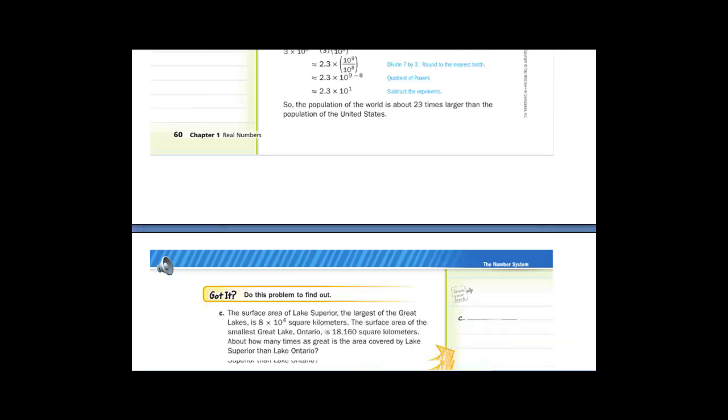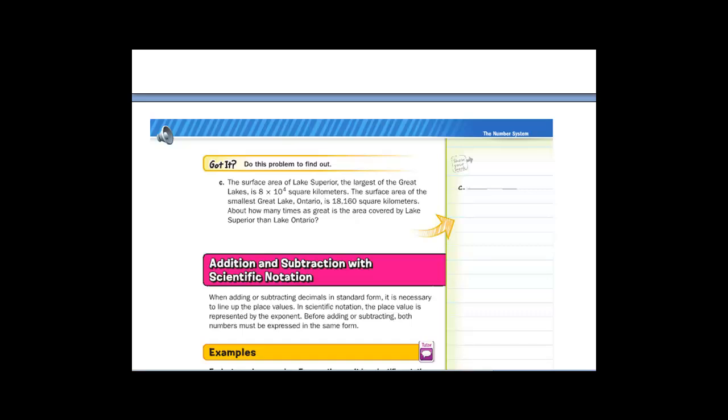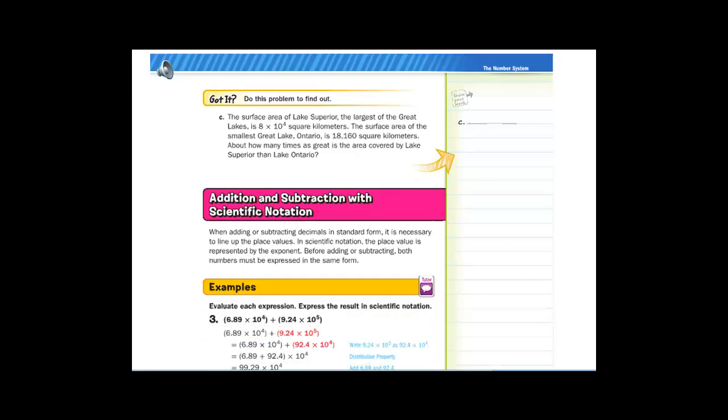Let's go on to the next page. In the example that's up there, they've got 8 times 10 to the 4th, and then they've got 18,160.